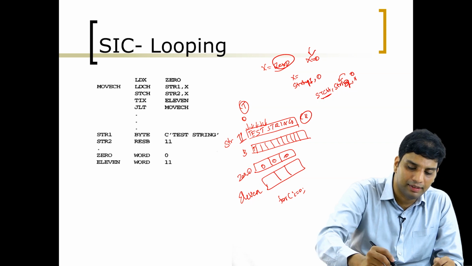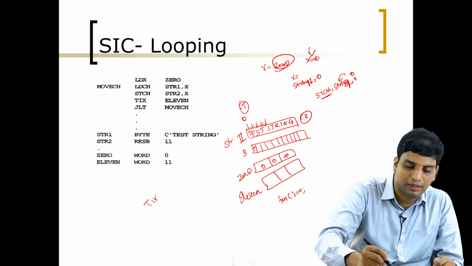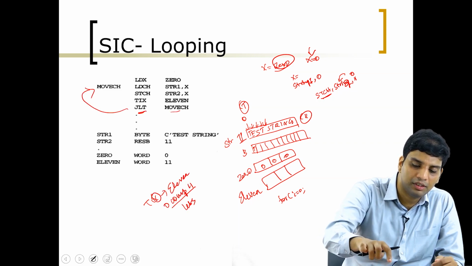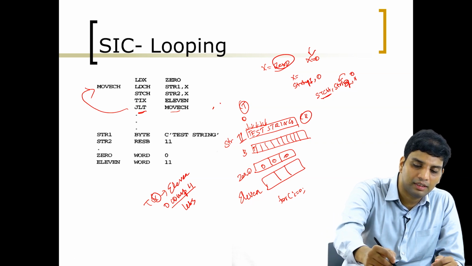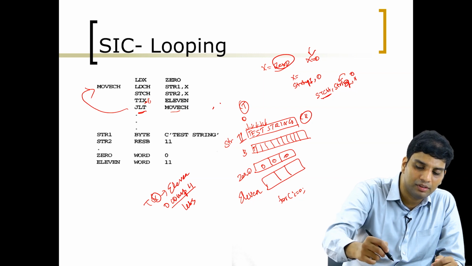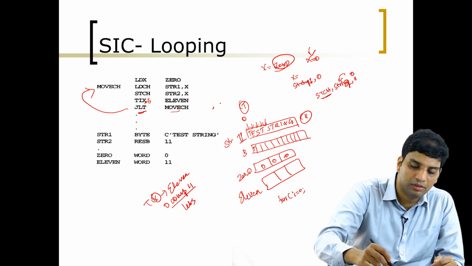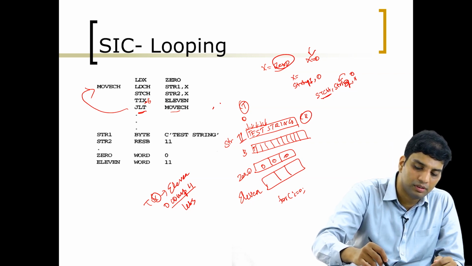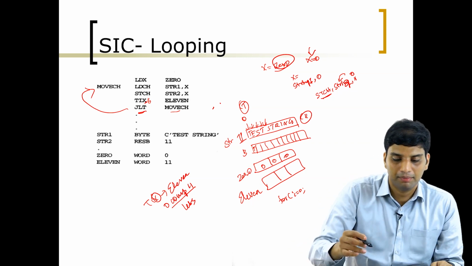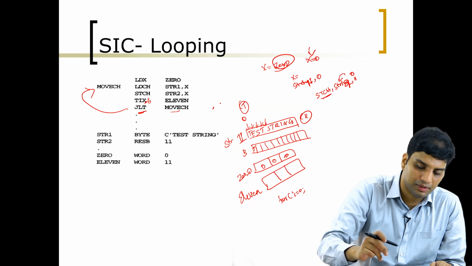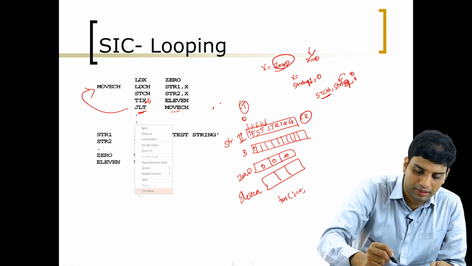What happens in TIX 11 is, it compares the X value with 11. So initially it was 0. When TIX compares this, it will increment the value, then compare the value. So first, initially the value was 0. So listen what happens here. Consider there is something called TIX.